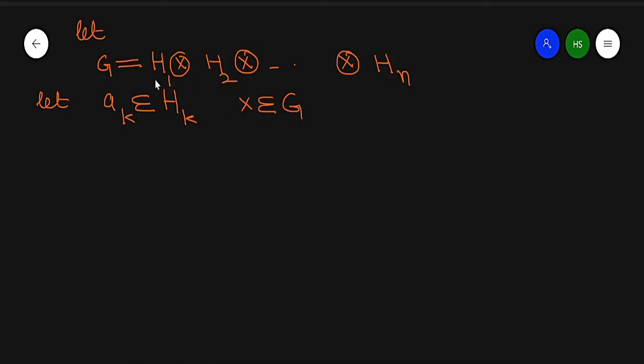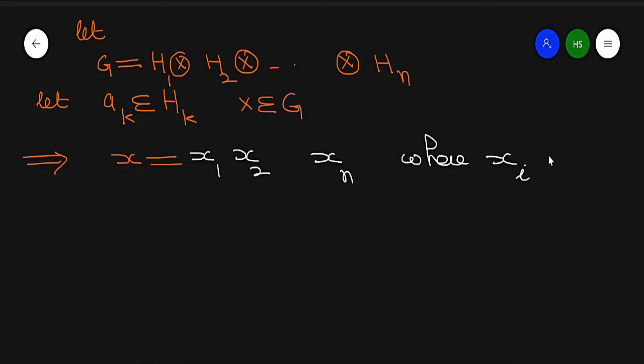If x belongs to G, then what is x? x is of the type x1, x2 and so on up to xn, where each xi belongs to Hi. Remember that, this is by direct product. This is my first part.